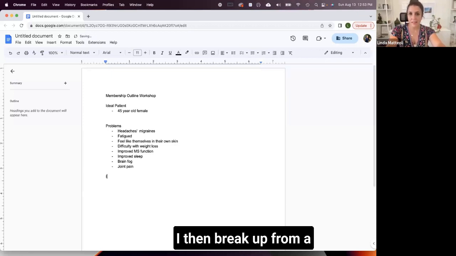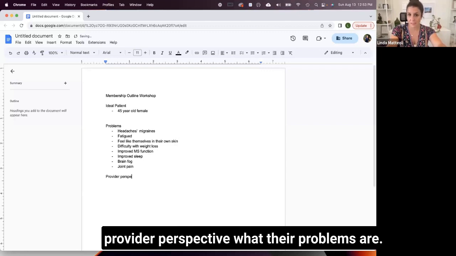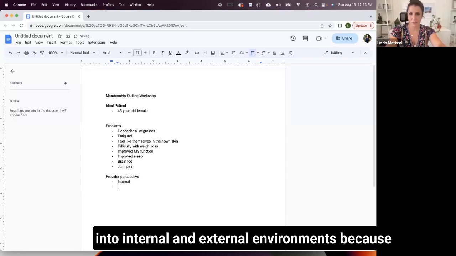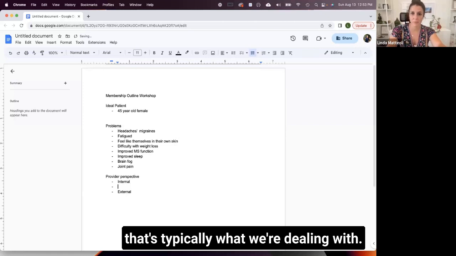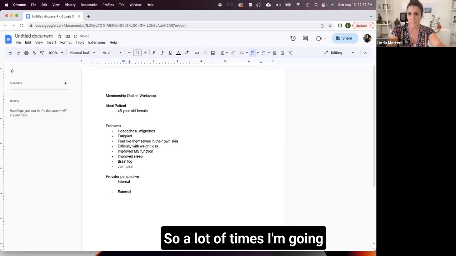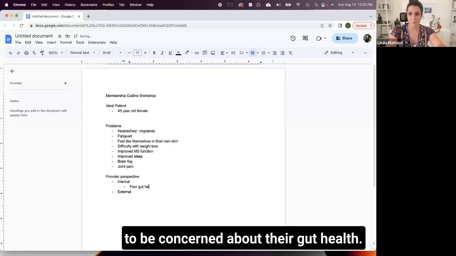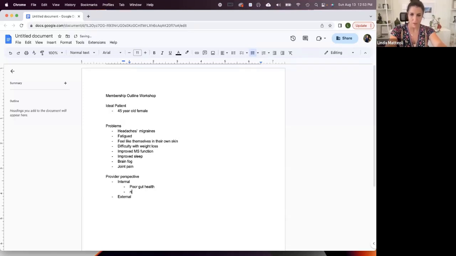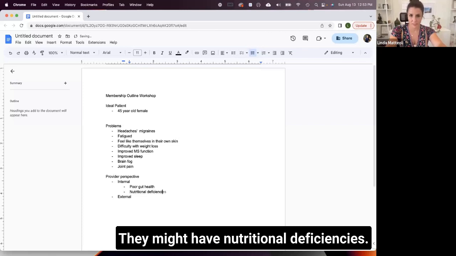Next, I then break up from a provider perspective what their problems are, and I typically break this up into internal and external environments, because that's typically what we're dealing with. So a lot of times I'm going to be concerned about their gut health. They might have poor gut health. They might have nutritional deficiencies.